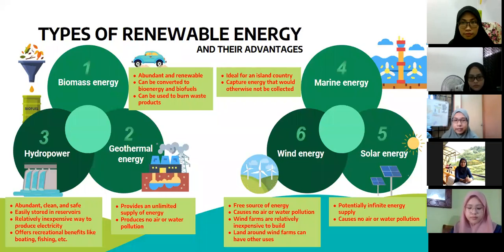Secondly, geothermal energy, which is derived from the natural thermal energy from the rocks and trapped steam in the Earth's interior. This kind of energy provides an unlimited supply of energy and it causes no air and water pollution. Number 3 is hydropower. The most prevalent form of hydropower we all know is dams.